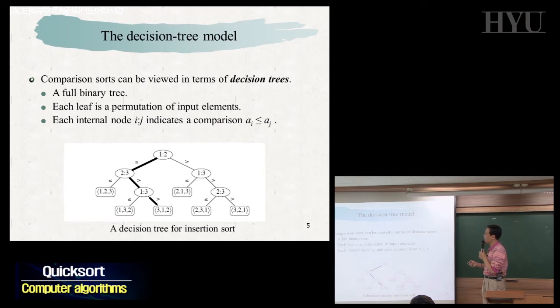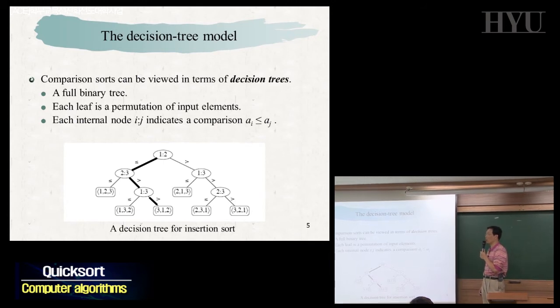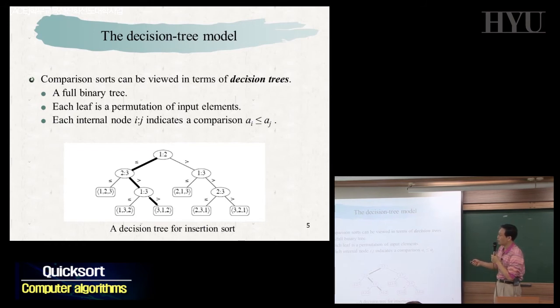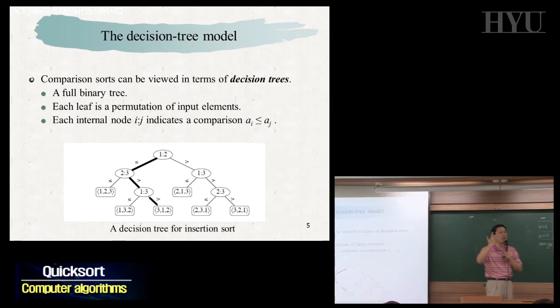Okay, first, comparison sorts can be viewed in terms of decision trees. A decision tree is a full binary tree, and each leaf is a permutation of input elements. Look at this tree. This is a decision tree using 3 elements.